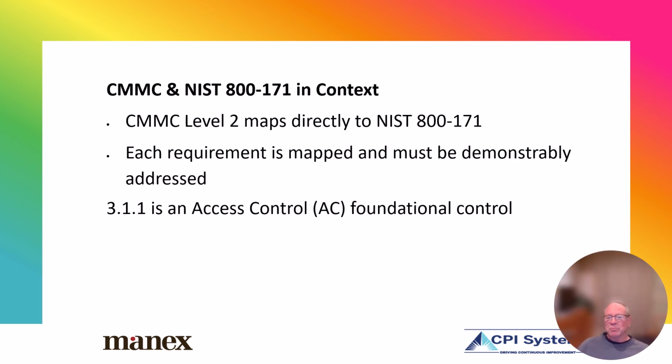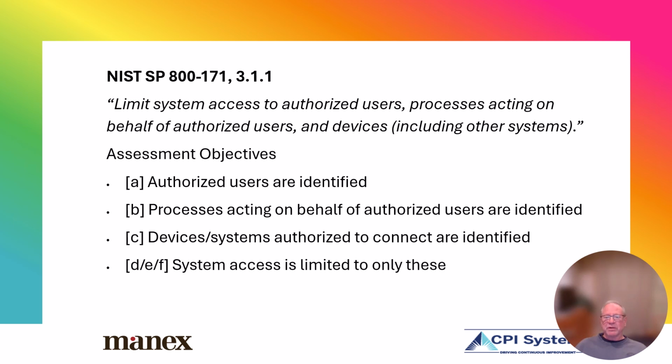CMMC Level 2 compliance is no longer optional for DoD supply chain partners. These requirements are defined by NIST 800-171, and every practice, such as 3.1.1, is individually assessed. Here's the requirement.